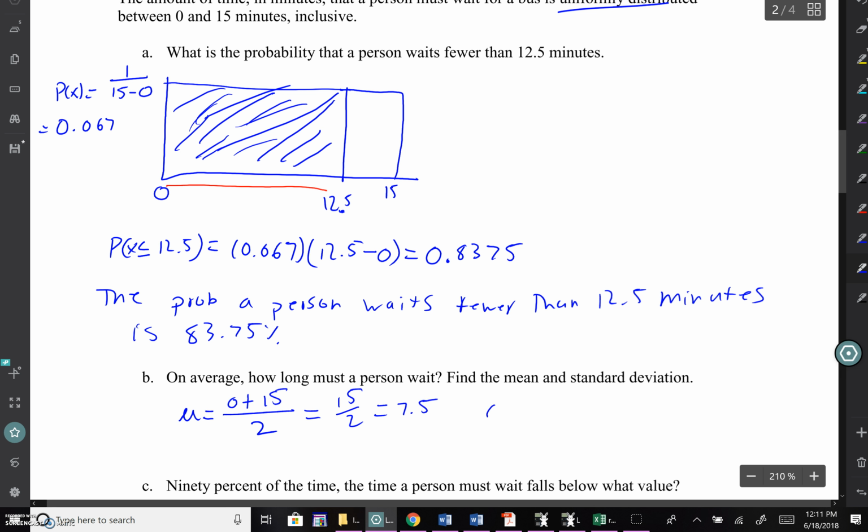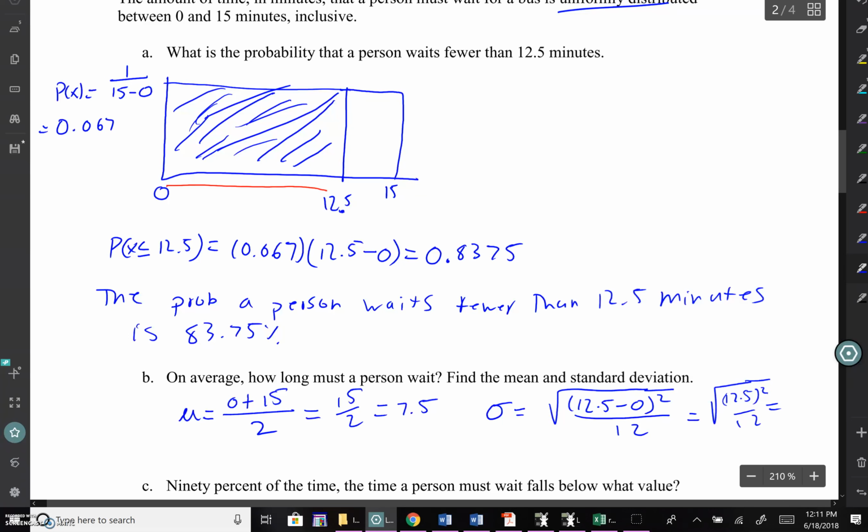Then if I want the standard deviation, that's my formula with the dividing by 12. So I'm going to do b minus a, so 12.5 minus 0, square it, and divide by the 12. So the square root of 12.5 squared divided by 12, what does that give us?